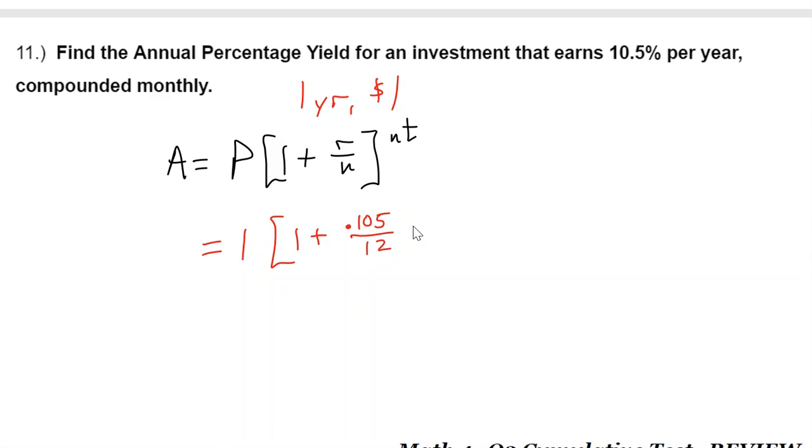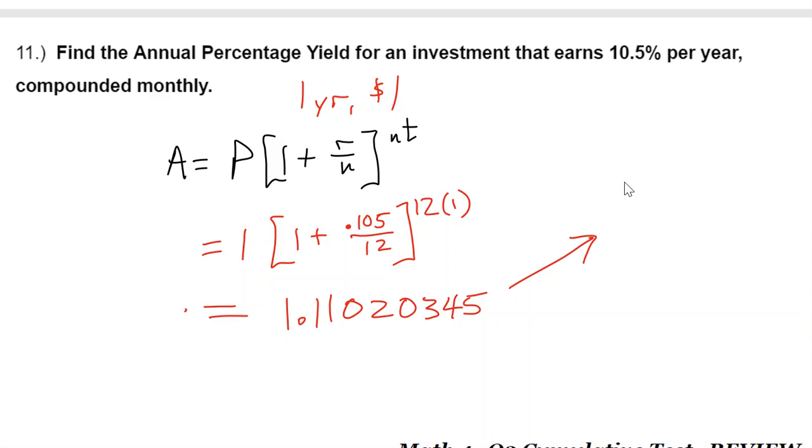We're doing this monthly. And our time is 1 year. So all we have to do is plug all of that in and simplify. And the calculator gives us 1.11002035. So that is going to mean that we are getting about 11.02%.